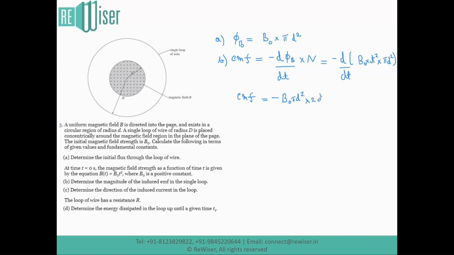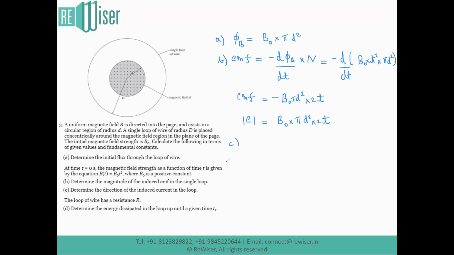The differential of t square is 2t, giving me this particular answer. Or the magnitude of EMF is just B naught into pi d square into 2t, or 2 B naught pi d square t.